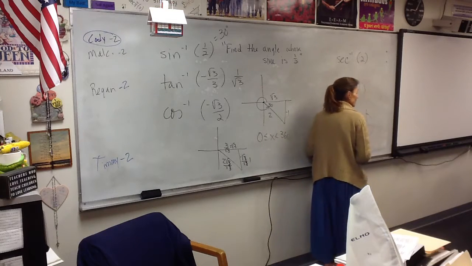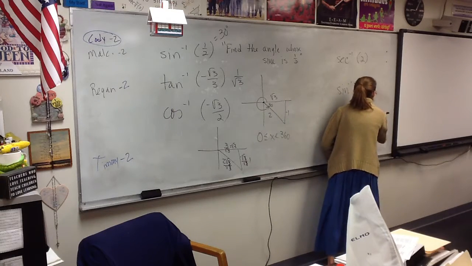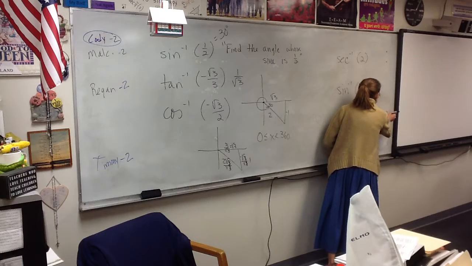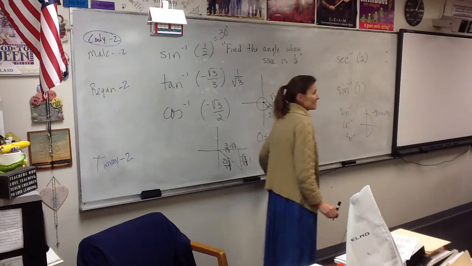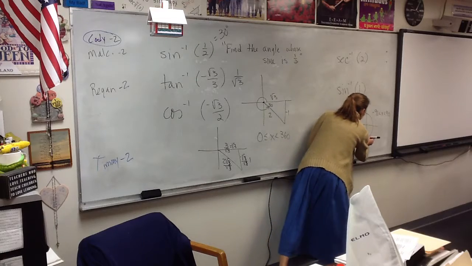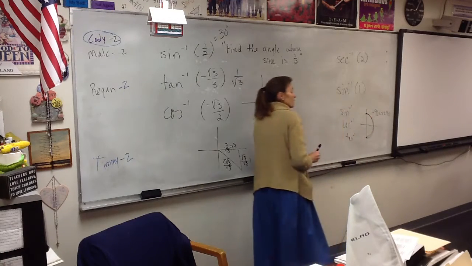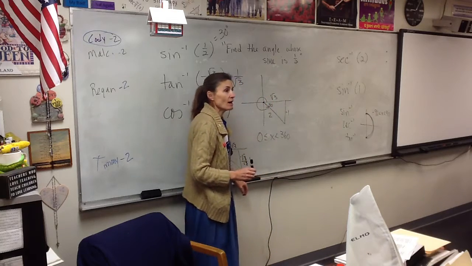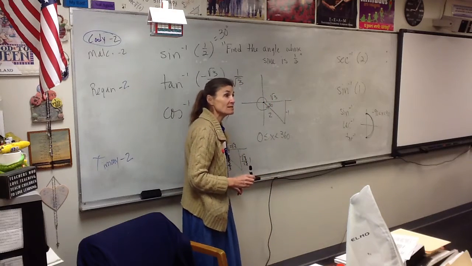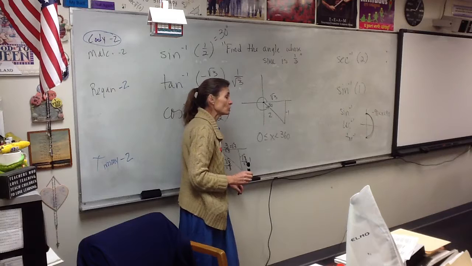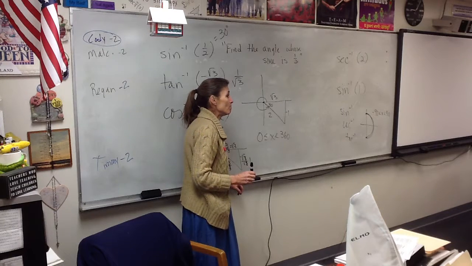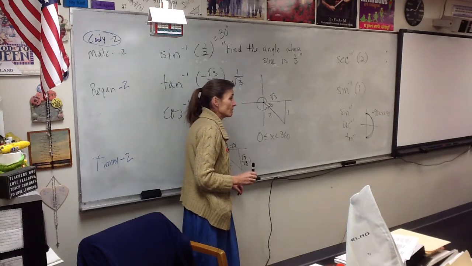You're over here. And every answer you give has to be between negative 90 and positive 90. Please don't shoot the messenger. I didn't make up these rules. There's a reason for them, and if we have time, we'll talk about it. But those are the rules.